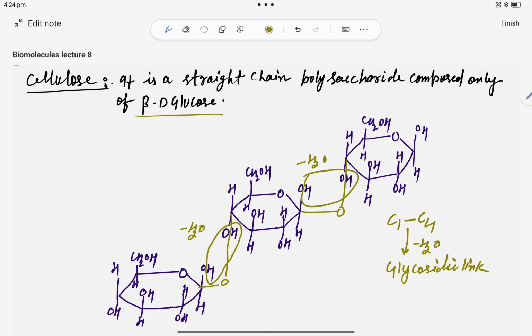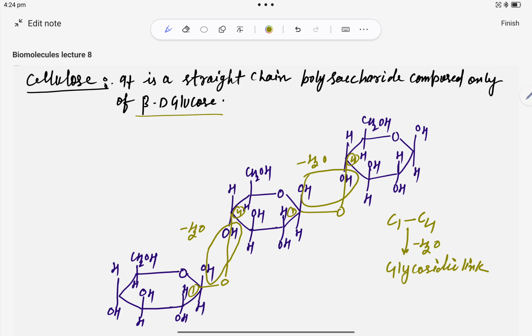Nothing more than this. I hope it is clear. Glucose units connected by removing water at C1 C4, because this is carbon number 1, this is carbon number 4, this is carbon number 1, this is carbon number 4. That's it.